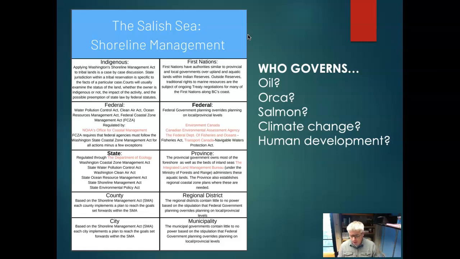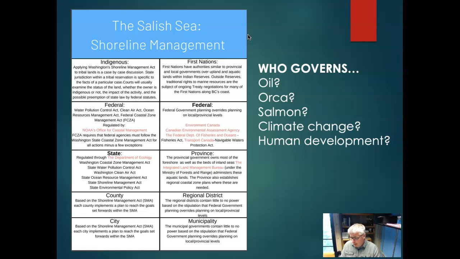Because it's often pretty convoluted in the U.S. where those big properties aren't owned by an individual, they're owned by an LLC for tax reasons, and so actually figuring out who owns this property is near impossible. So that's one big difference between shoreline management.